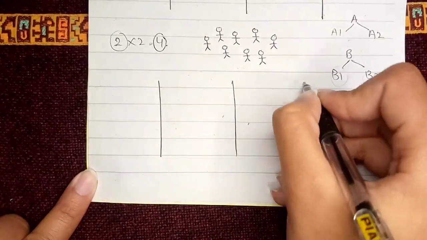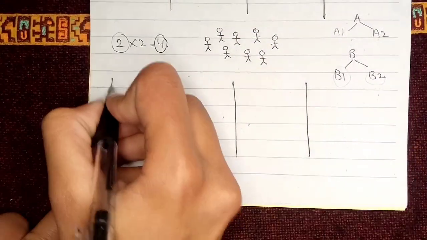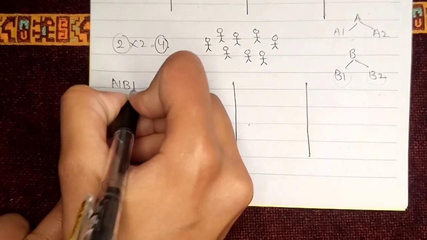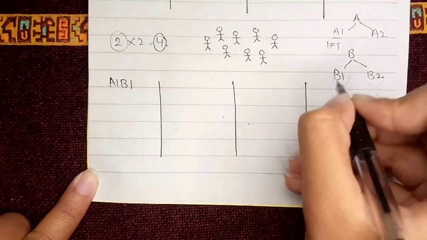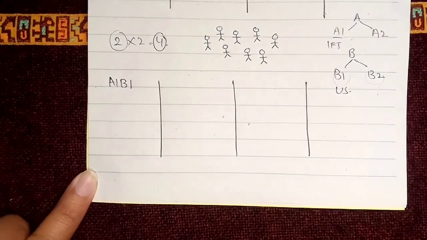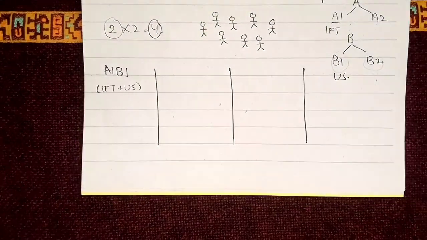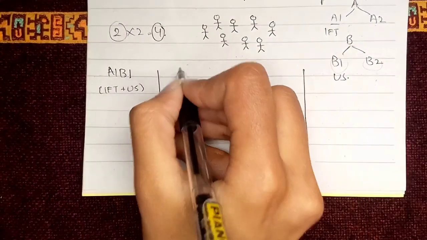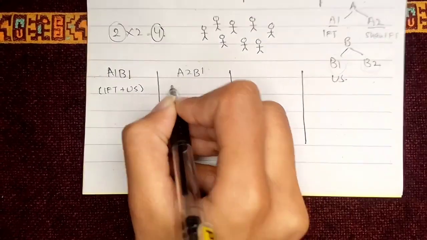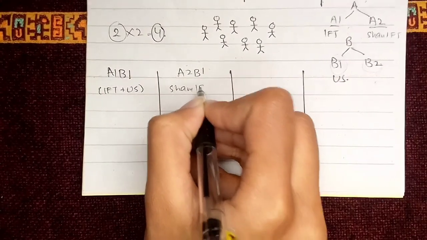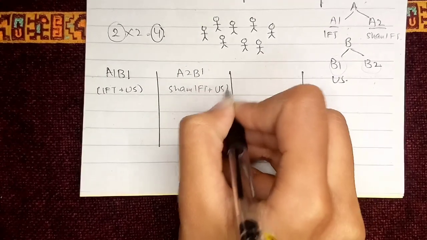1, 2, 3, 4. So the first group can be A1, B1, in which we have the IFT plus ultrasound intervention. Our second group can be A2, B1, and in A2 we took the sham IFT, so it becomes sham IFT plus ultrasound.